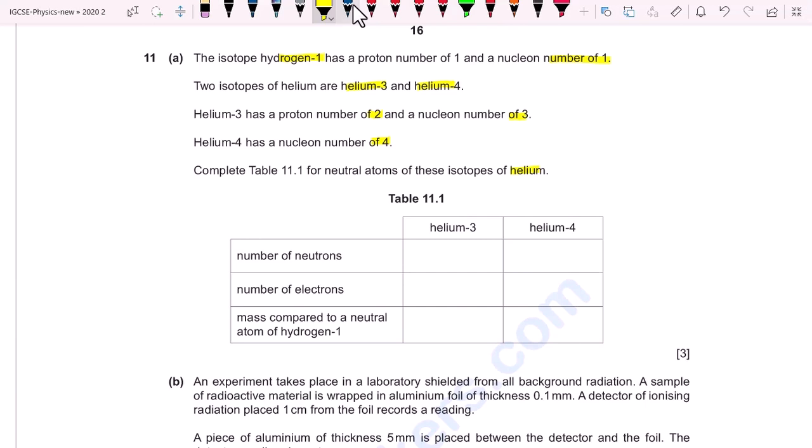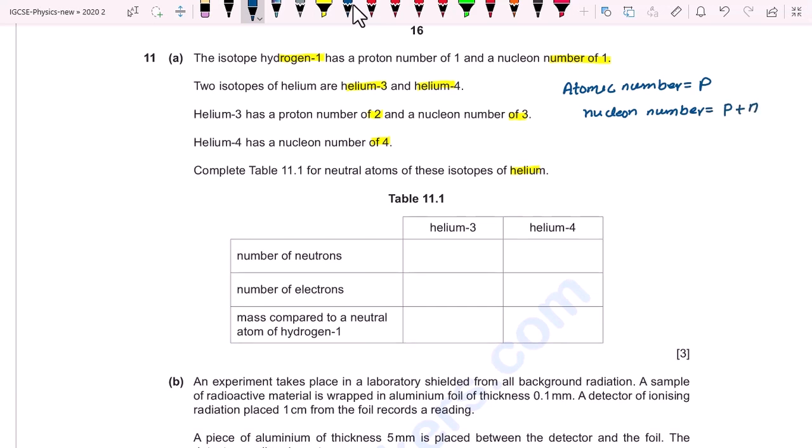So we have the given data and we have to complete this table according to the data. First of all, we know that the number of protons is basically the atomic number, which is represented by P, and the nucleon number is equal to the number of protons plus neutrons.